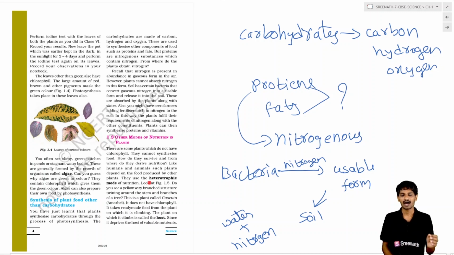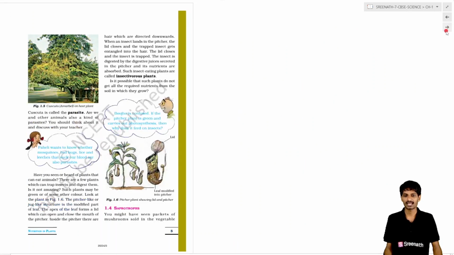The nutrition which is taken from other plants is called the heterotrophic mode of nutrition. Okay, I will give you an example.